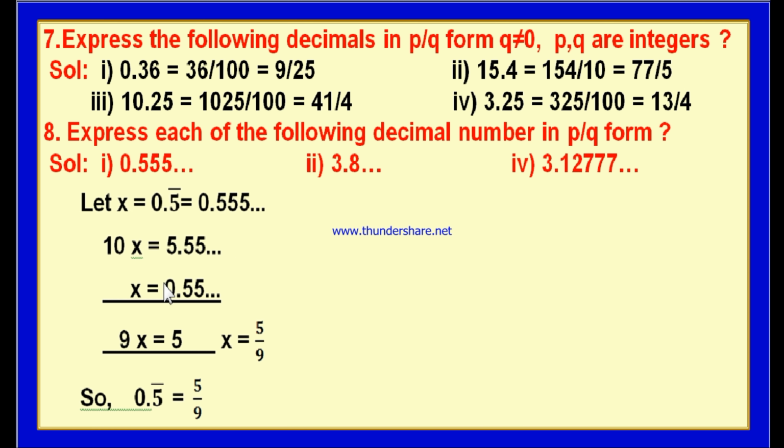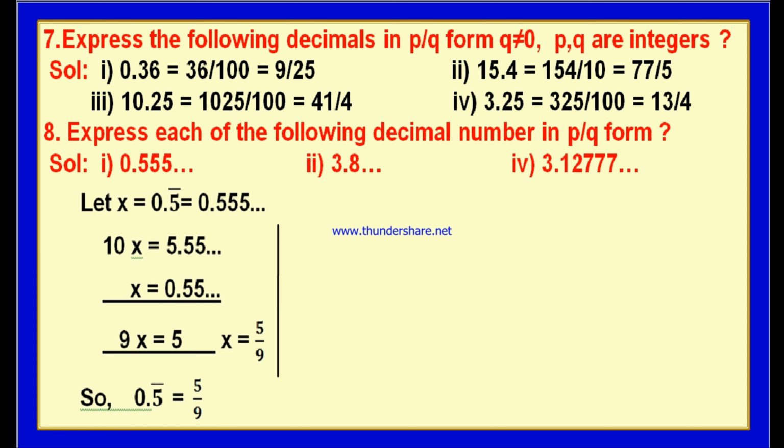And x is equal to 0.55 recurring. Now you subtract: 10x minus x is 9x. 5 minus 0 is 5, and 0.55 minus 0.55 is 0. Therefore 9x is equal to 5 and x is equal to 5 divided by 9. So 0.5 recurring in P by Q form is 5 by 9.